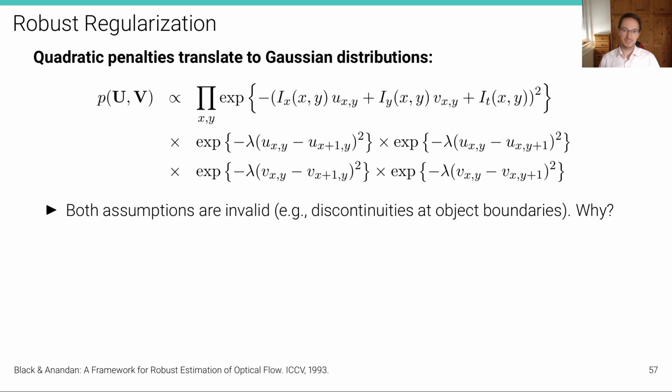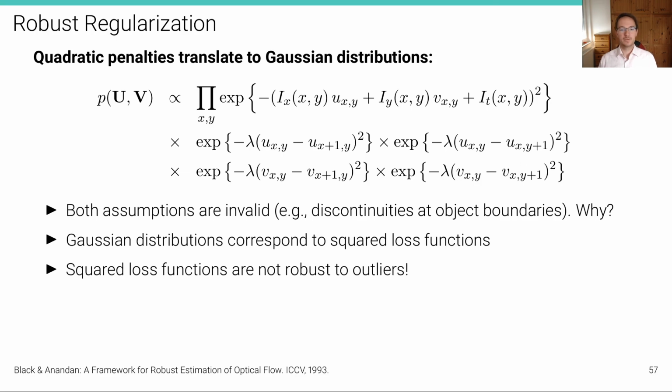And these assumptions are invalid, both for the brightness consistency constraint as well as for the smoothness constraint. Why? Well, as we've seen, Gaussian distributions correspond to squared loss functions, which are not robust to outliers or to flow discontinuities.